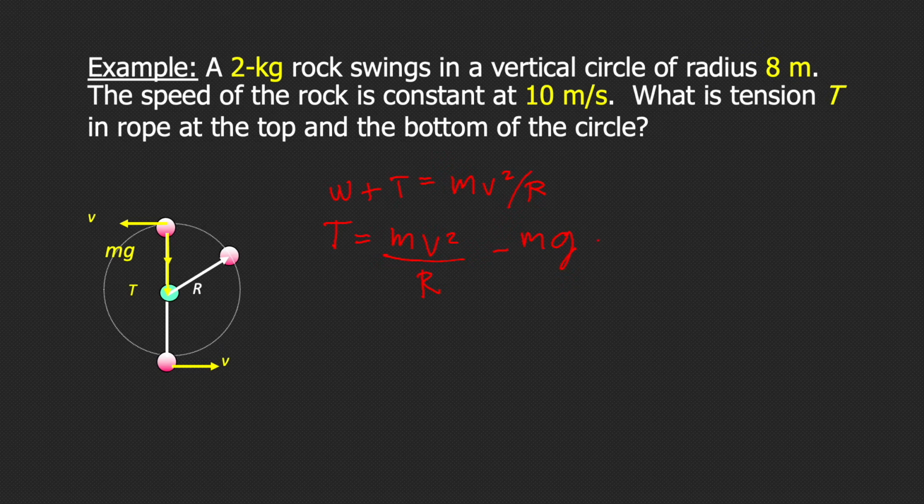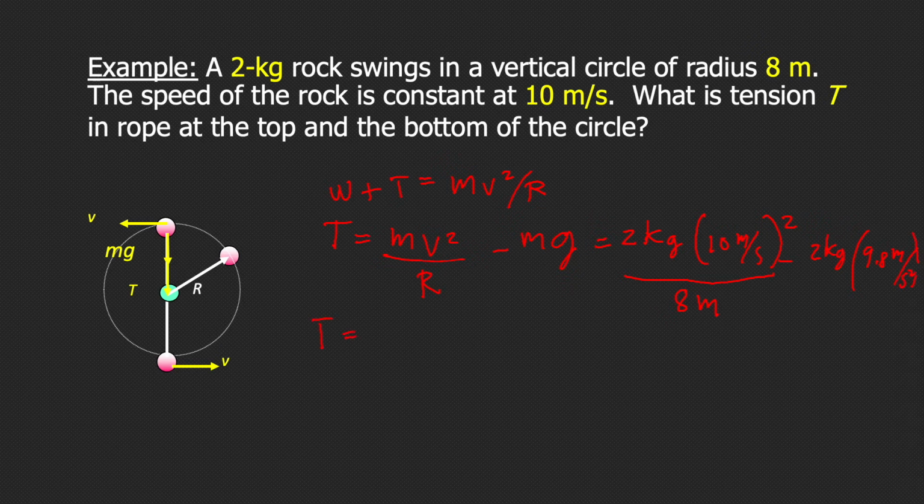So therefore T is equal to 2 kilograms times v squared, that's 10 meters per second squared, divided by the radius, which is 8 meters, minus 2 kilograms times 9.8 meters per second squared.